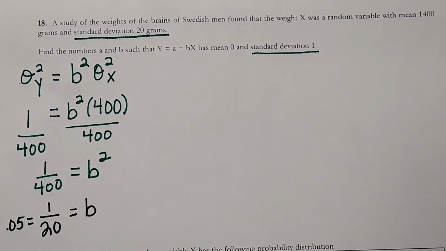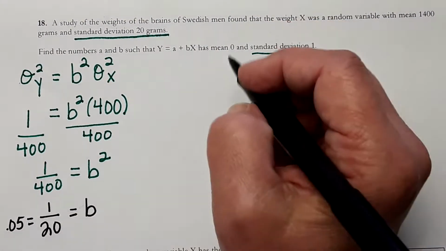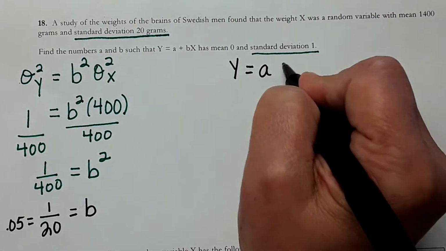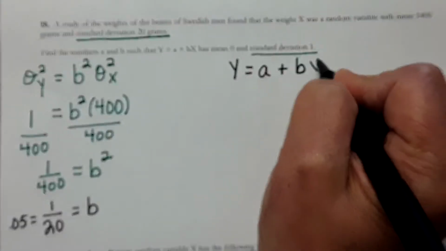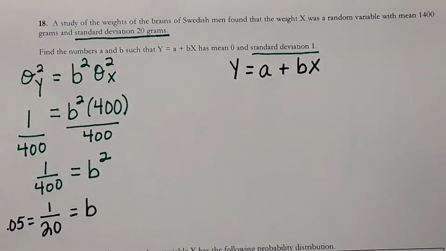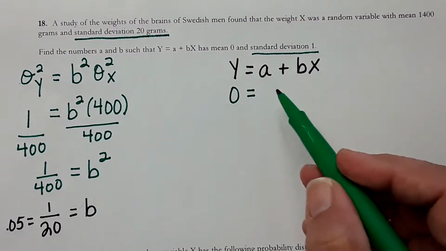Okay, now I know my B, I know a Y, and I know an X. So now I'm going to use it. So I'm going to put it in here. And now let's fill in what we know. Y is the mean, and what do they want the mean to be? So I'm going to replace Y with 0. Do I know A?